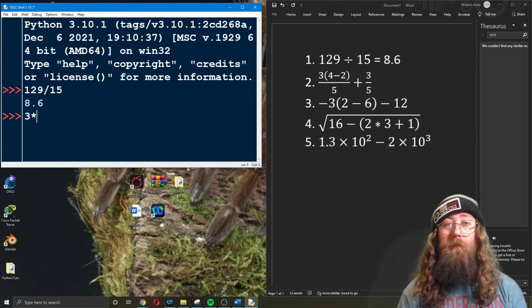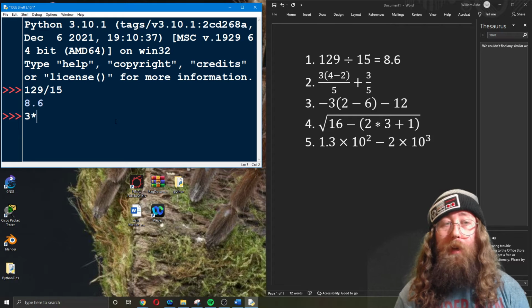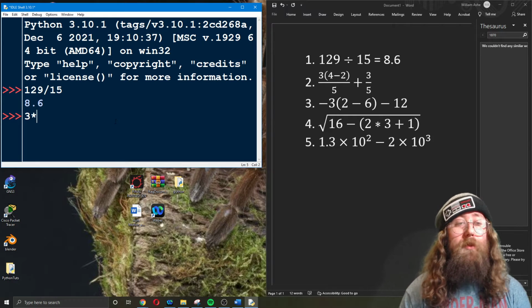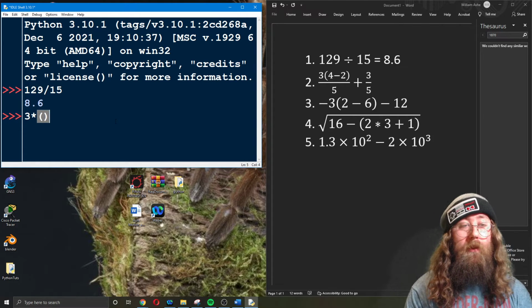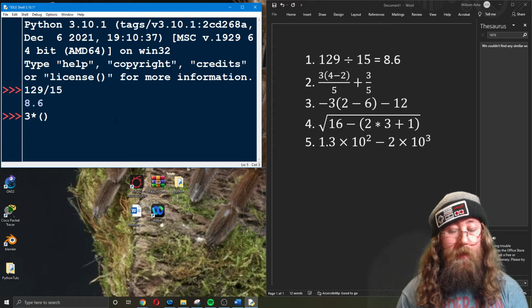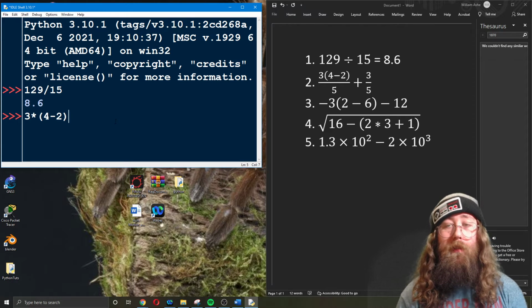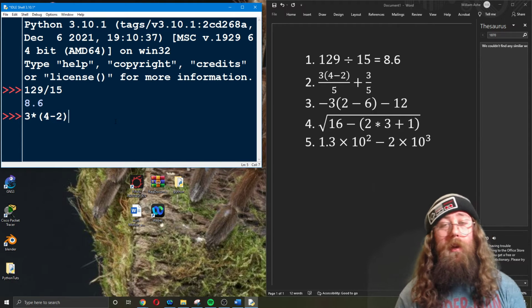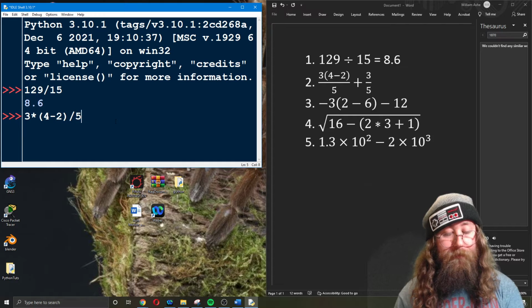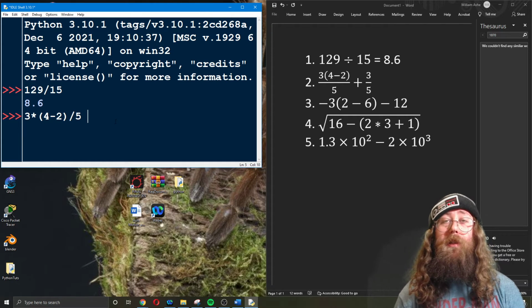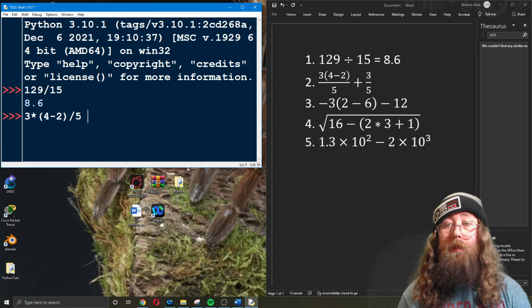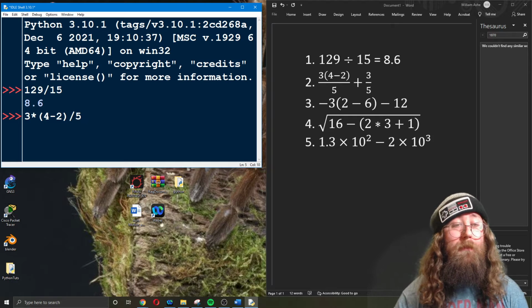Asterisk means multiply with Python. I'm going to multiply times the quantity 4 minus 2, so I put my parentheses. Python understands parentheses quite well, and it can work that out for us. Now I'm going to divide by 5, and this is my first fraction, the first term of this expression.